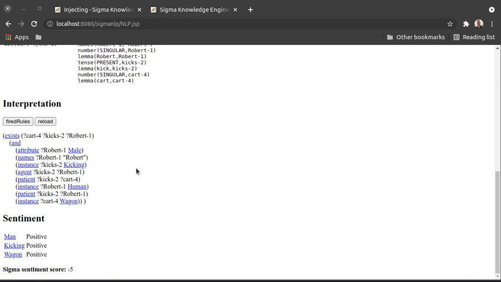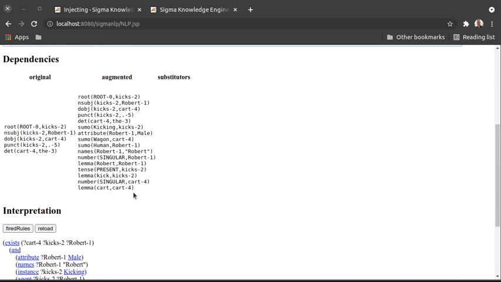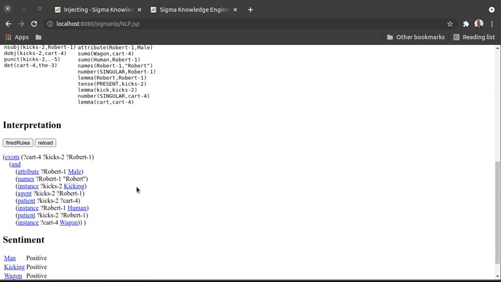And then finally, the most experimental portion here is where we try to take these augmented dependency parses and turn them into an actual expression in first or sometimes higher order logic. Here we have a SUMO expression in the SUO-KIF logical language. We have an existential quantifier.